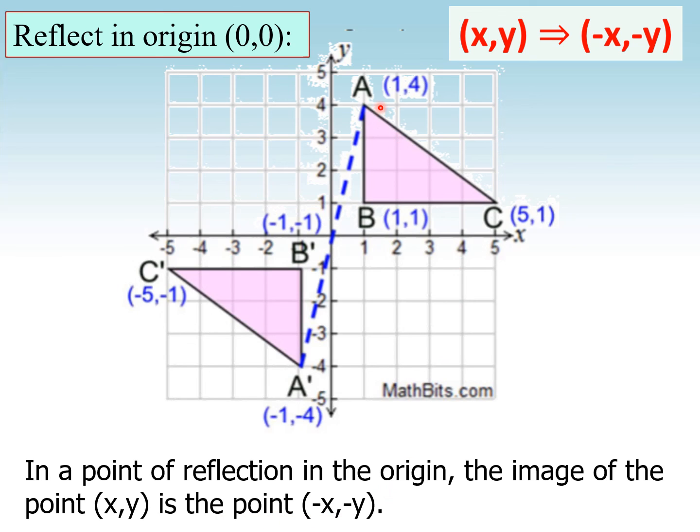So if we have the original point A at (1, 4), A prime will become (-1, -4). If we have the original point B at (1, 1), your B prime is at (-1, -1). If we have the original point C at (5, 1), our C prime is at (-5, -1).